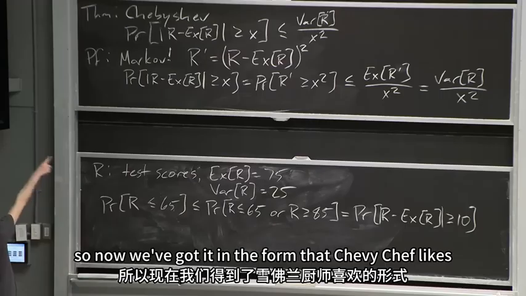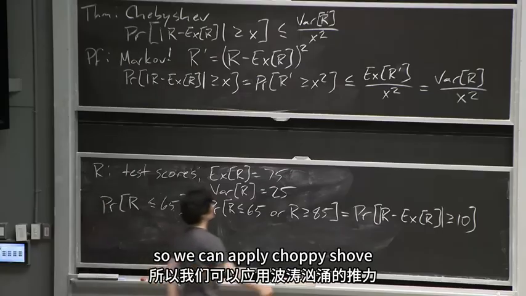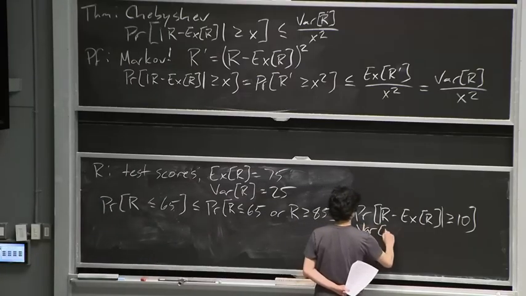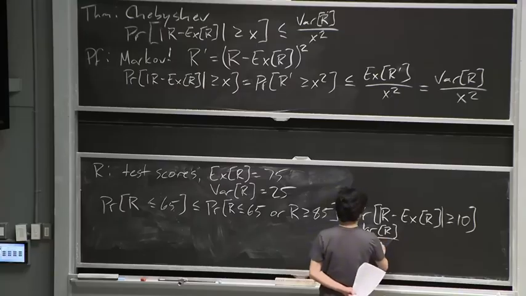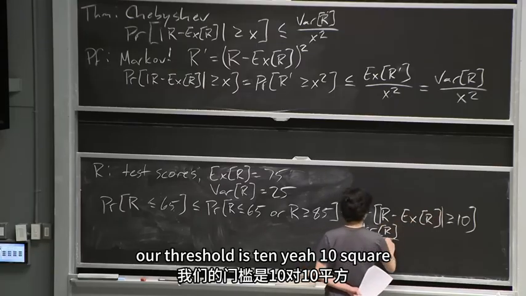So now we've got it in the form that Chebyshev likes, so we can apply Chebyshev. This is at most the variance of R divided by our threshold, which is 10, so 10 squared.